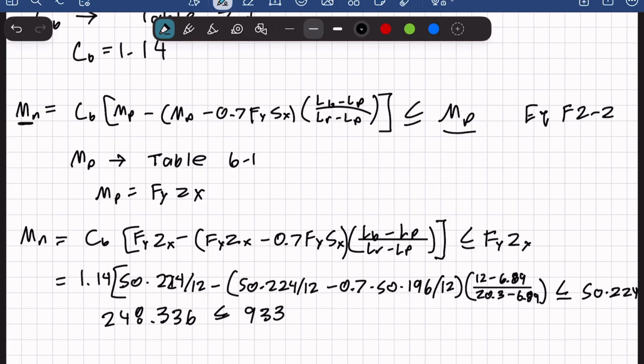Note that all the values in the steel manual in Tables 6-1 and such like that are in fact already adjusted, calculated for lateral torsional buckling. So that's important to remember. And now I'm double checking to make sure I didn't miss a parentheses in here. It's looking like I might have.